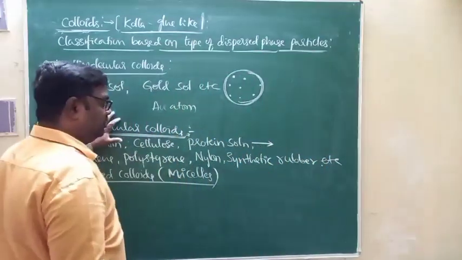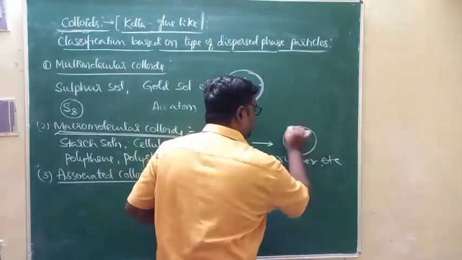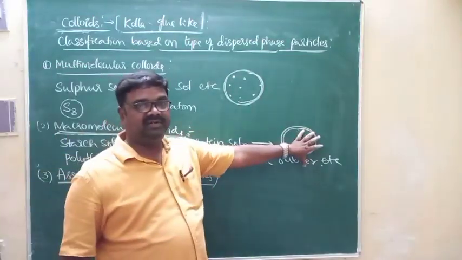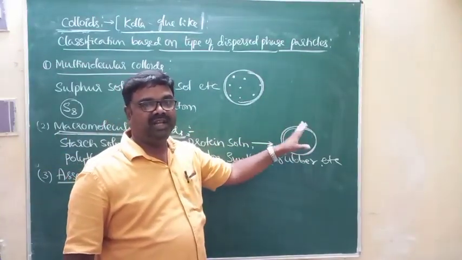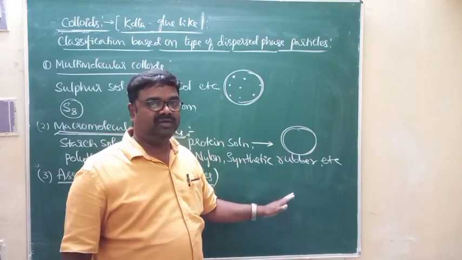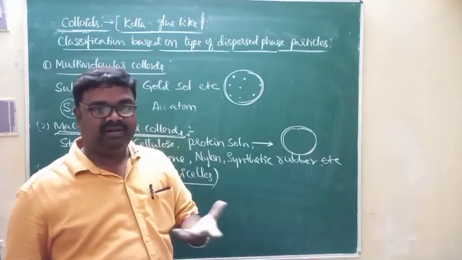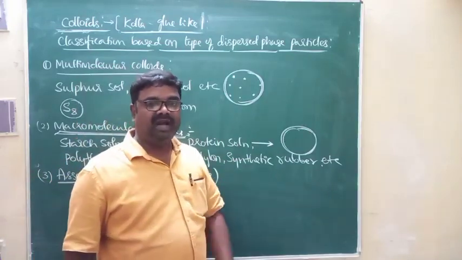In the case of macromolecular colloids, just observe that the molecular size itself is very, very large, and the size of the molecule will be between 1 nanometer and 1000 nanometer. Therefore, if such big molecules are dispersed in a particular medium, you are going to get macromolecular colloids.